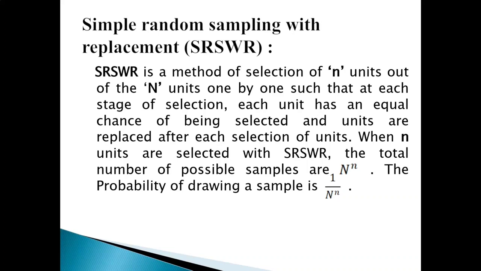If we consider a population size of 10 and we are drawing a sample of 2, then the total possible samples with replacement will be 10 to the power 2, 10 squared. So it depends upon the population size as well as the sample size we are drawing from that population.